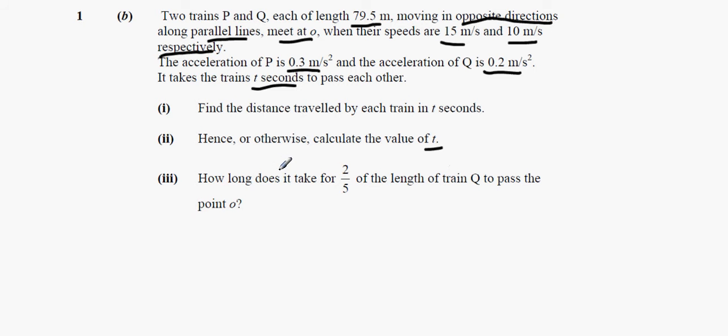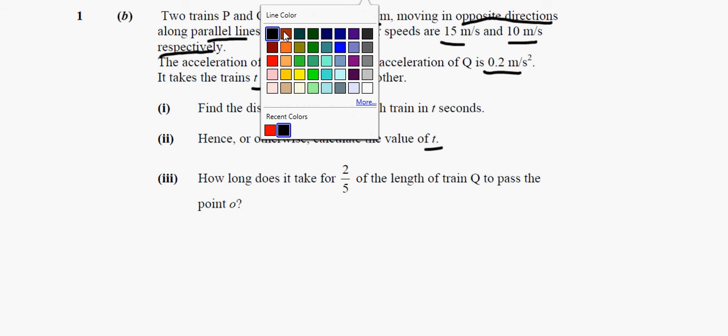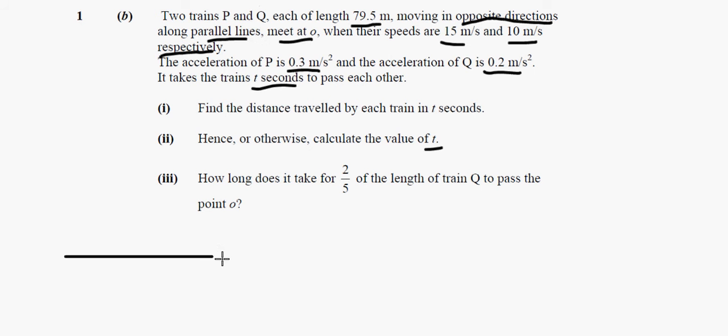So what you've got to remember about this question is basically you're looking at a very long line here, a big line, and the next thing we're going to have is two trains.